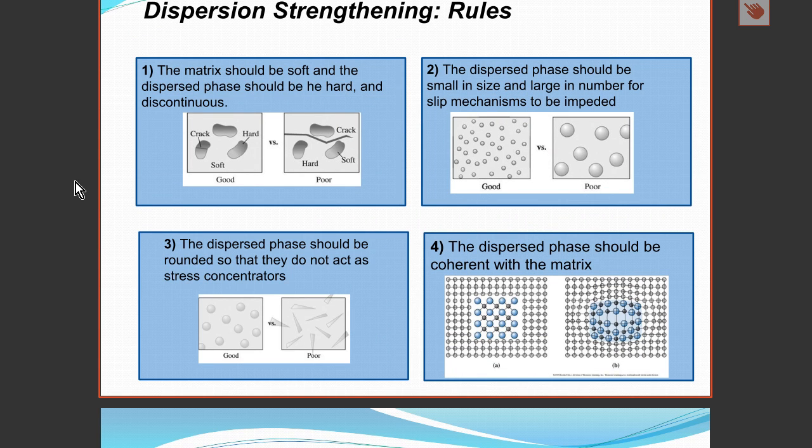Precipitation strengthening is a type of dispersion strengthening, and let's review the rules for such type of strengthening. Number one, the matrix should be soft and the disperse phase should be hard and discontinuous.